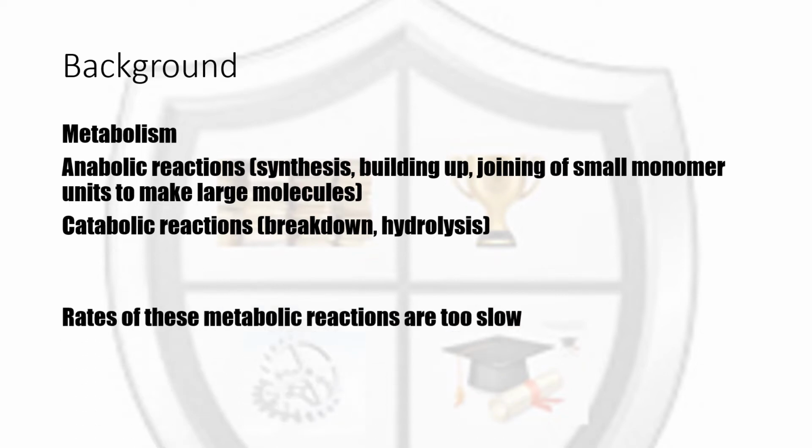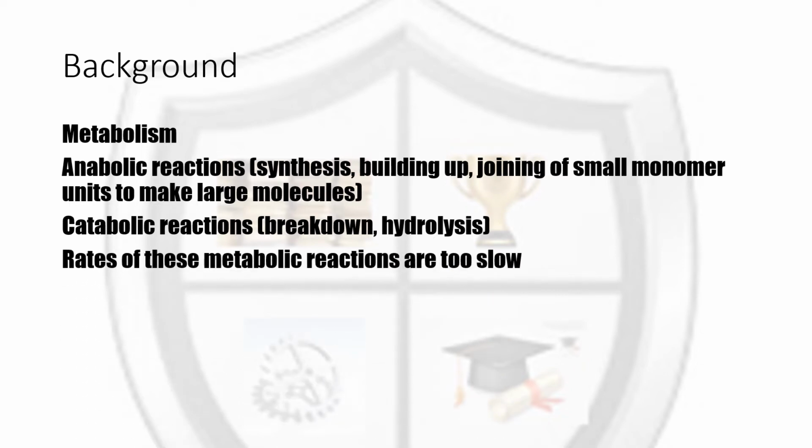Now, these reactions proceed at very slow rates. They are too slow such that if they are allowed to proceed at those rates, the rate of production, for example, of glucose would be too slow to sustain life. Remember, glucose is a requirement for the production of energy by respiration.